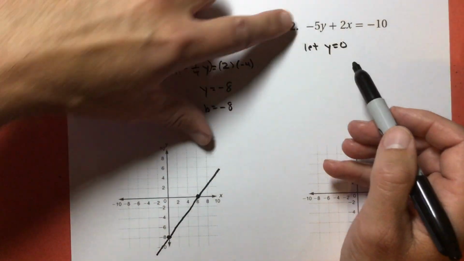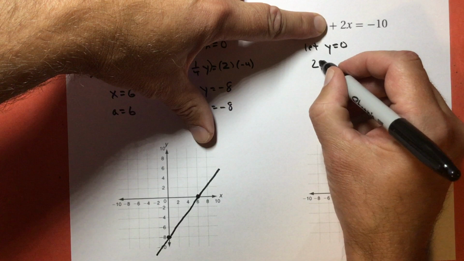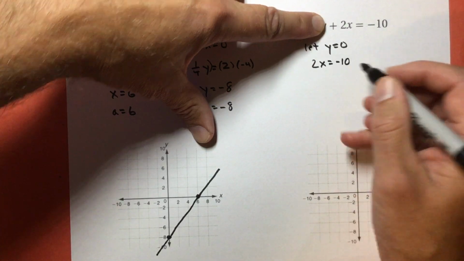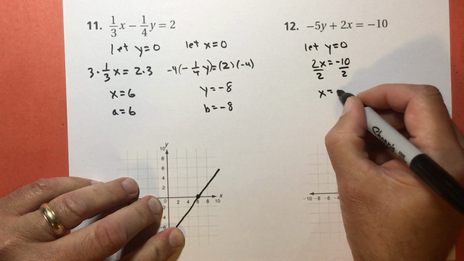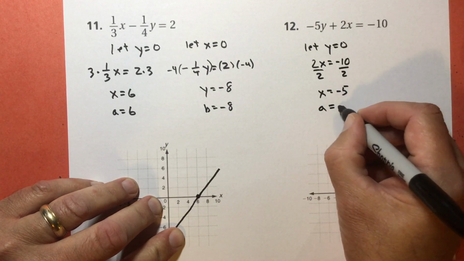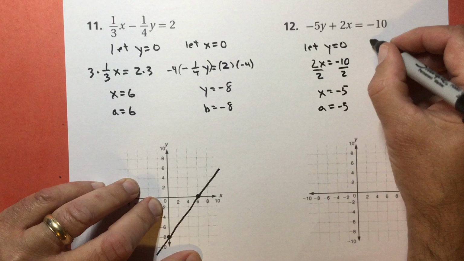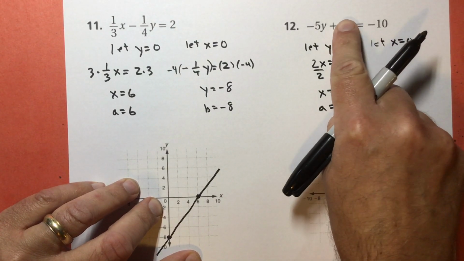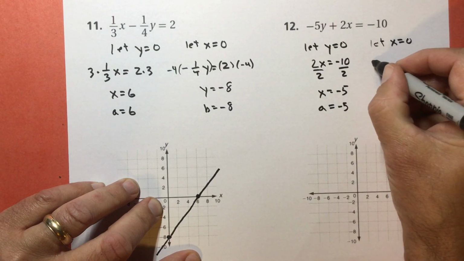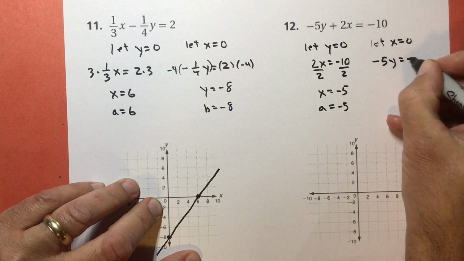If I let y equal 0, I get 2x equals negative 10. Divide by negative 2, and x equals negative 5. If I let x equal 0, 2 times x is 0, so I get negative 5y equals negative 10.